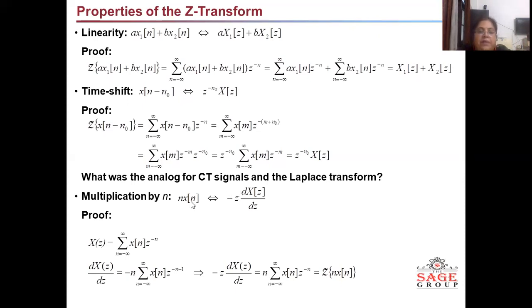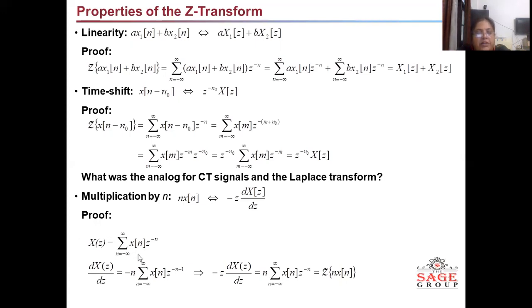Now, if we multiply any signal by n, it results in a property known as the differentiation property of the Z transform. Taking the Z transform of x[n], we know the definition: summation from minus infinity to plus infinity of x[n] z to the power of minus n.